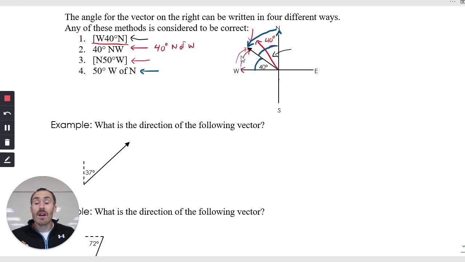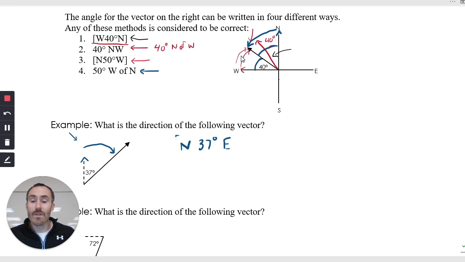Okay, so if we're looking at this example, what is the direction of this vector? This is example 1 over here. So we are starting measuring from the north, and we are measuring it toward the east. So we would go north 37 degrees east.